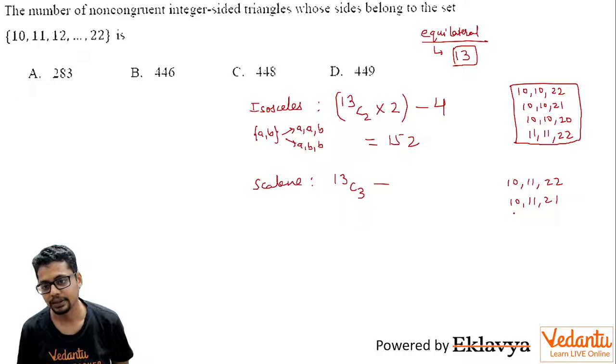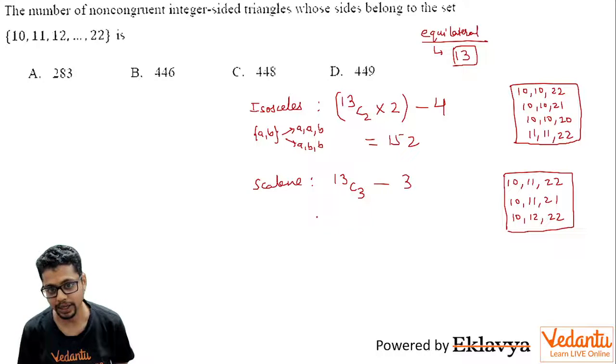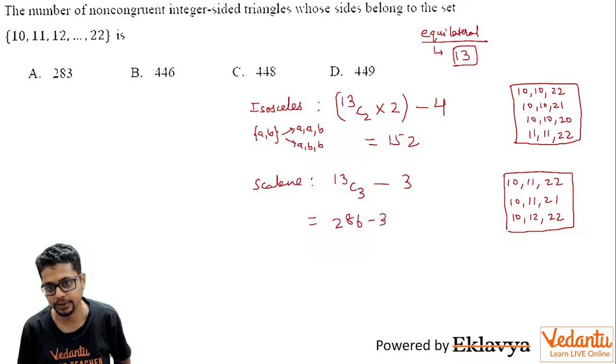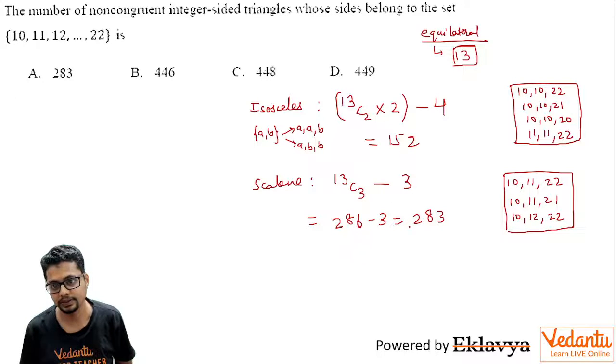Similarly you can have 10, 12, 22, where the sum of two sides equals the third side. So these three cases would get rejected. So what you have is 13C3 minus 3, where 13C3 is 286, minus 3, so you have 283.